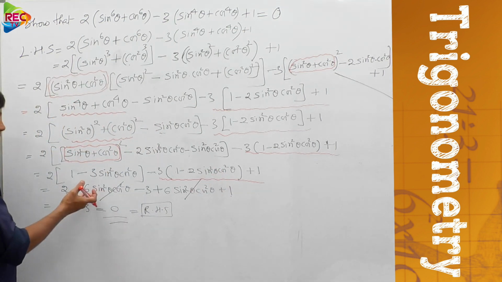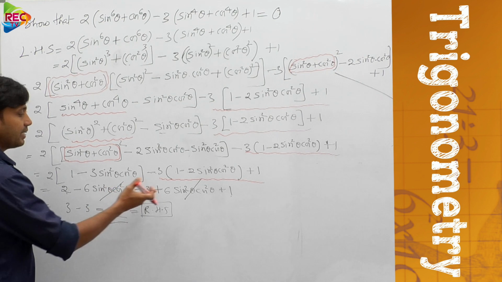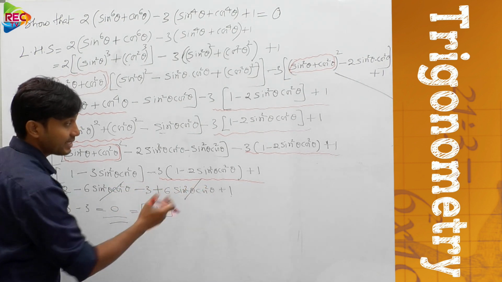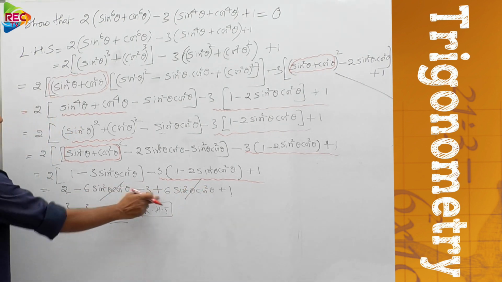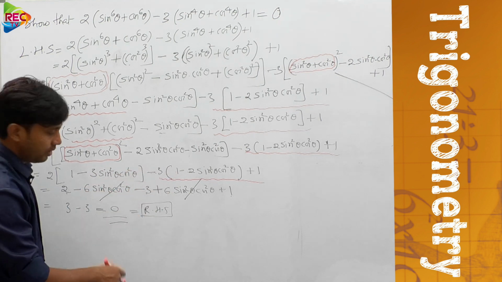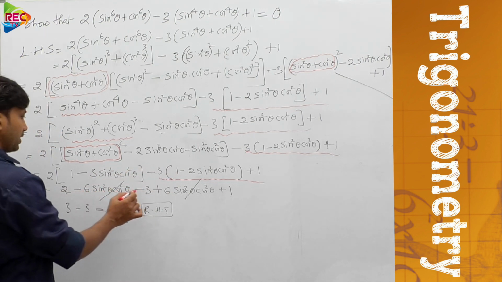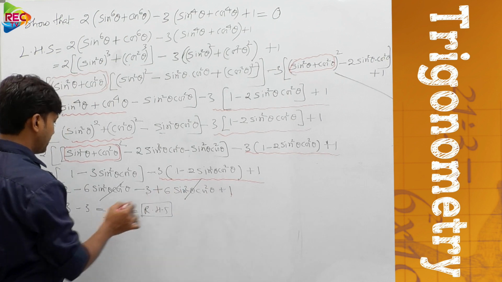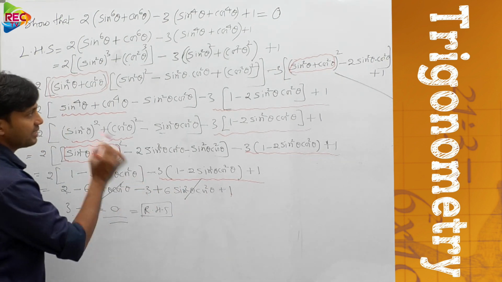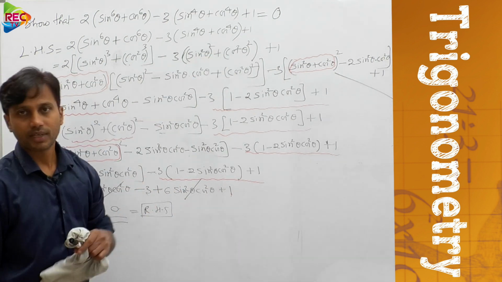Here there is 6 sin square theta cos square theta and 6 sin square theta cos square theta here with different signs, plus and minus, so we cancelled them. Now here 2 plus 1 is 3, minus 3, means 3 minus 3 would be 0, that is the RHS we obtained. Understood?